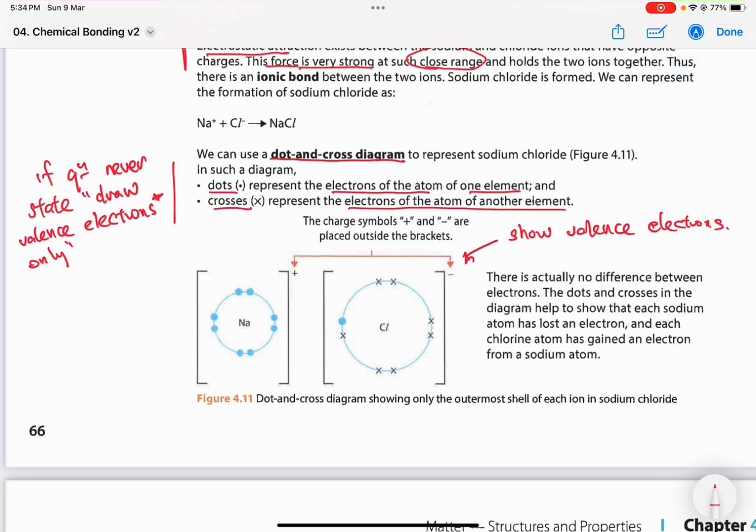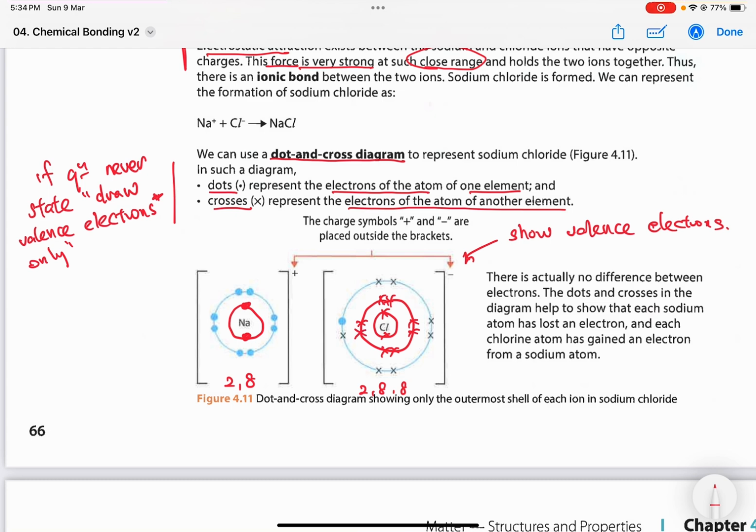So in this question, if nothing stated here is to draw valence electrons only, what I'll need to do here is actually to draw this. Okay, so sodium is 2.8. The sodium ion is 2.8. For chlorine, it's actually 2.8.8. So I need to draw 2 more shells inside. Cross, cross, cross, cross, cross, cross, cross, cross, cross, cross. Okay.